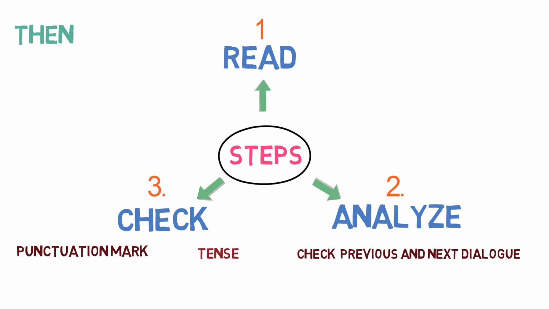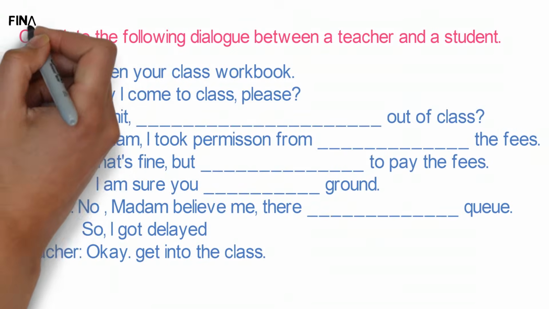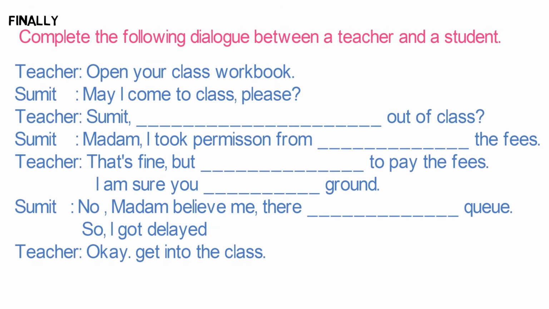Then we looked into the steps of dialogue completion. Number 1, read. Number 2, analyze. And number 3, check the punctuation and tenses around the sentences. And we understood the steps with an example. Finally, I gave you an exercise to practice, whose answers you will be giving me in the comment section.